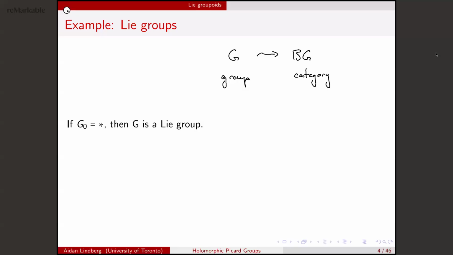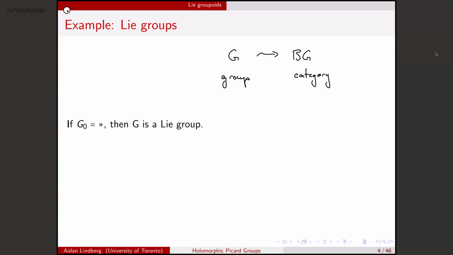Is it possible to just take a Lie group and then forget the totality? Closure under composition, you just don't have closure under composition. Maybe it's commutativity. We don't need anything like that.